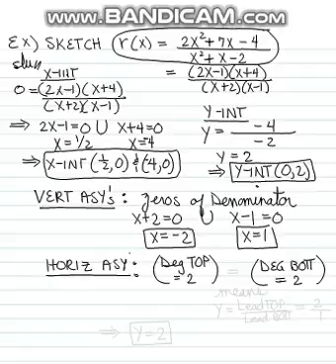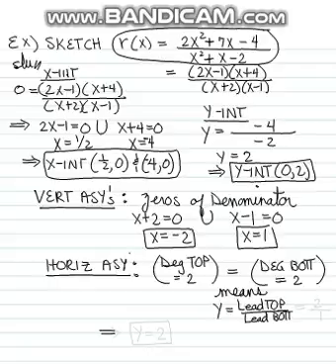They're both second degree, so they have equal degree on the top and bottom. That means that the equation y equals the lead coefficient of the top over the lead coefficient of the bottom is going to be our horizontal asymptote.